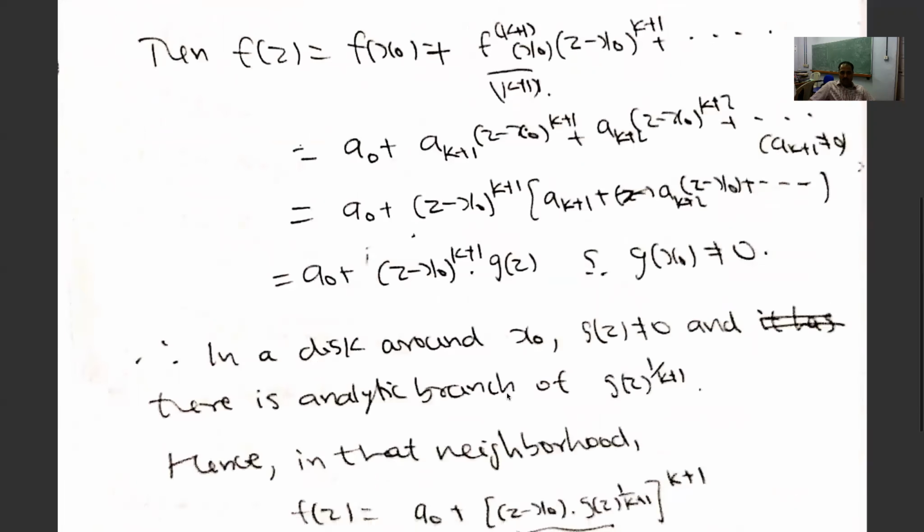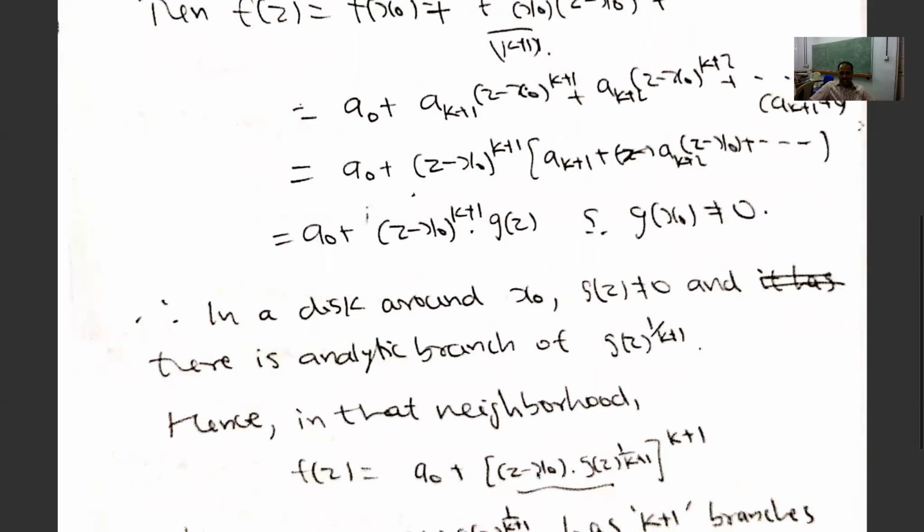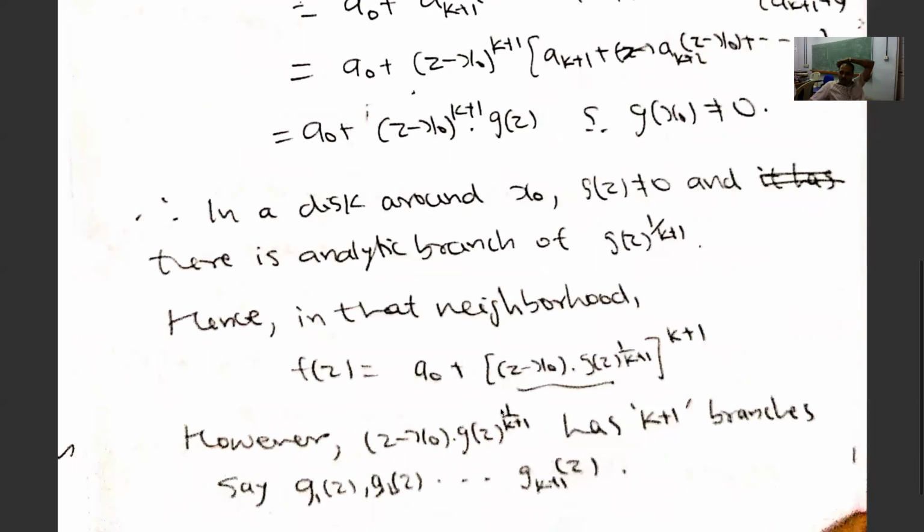So you can write f of z as a0 plus this quantity all to the power k plus 1. This has k plus 1 branches because we are taking the (k+1)th root here. You denote those branches by g1(z), g2(z), and so on up to g_(k+1)(z).